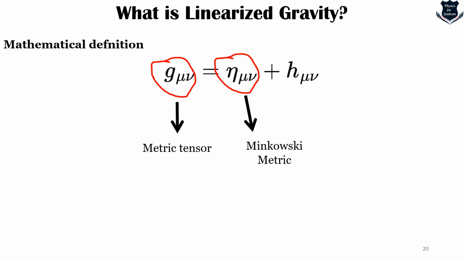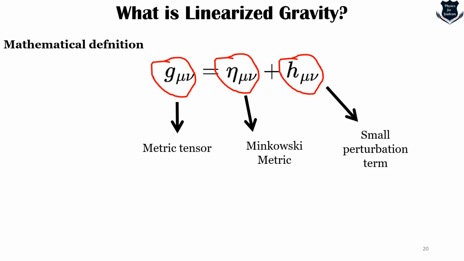So from the metric tensor, we go into the Minkowski metric. Now I'm not going to explain the Minkowski metric in this video, otherwise it will take a long time, but try to understand that the metric tensor, using perturbation theory, gets reduced into something simpler, which is the Minkowski metric. And this h mu nu, which is over here, is basically the small perturbation term. So the metric tensor is being equated with the Minkowski metric, which is a little bit linear in terms of understanding.